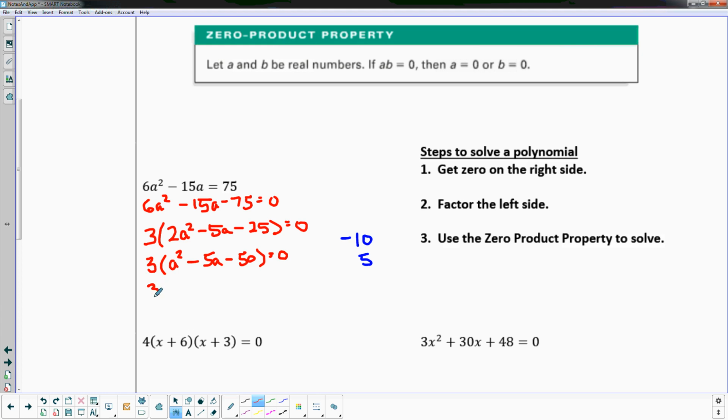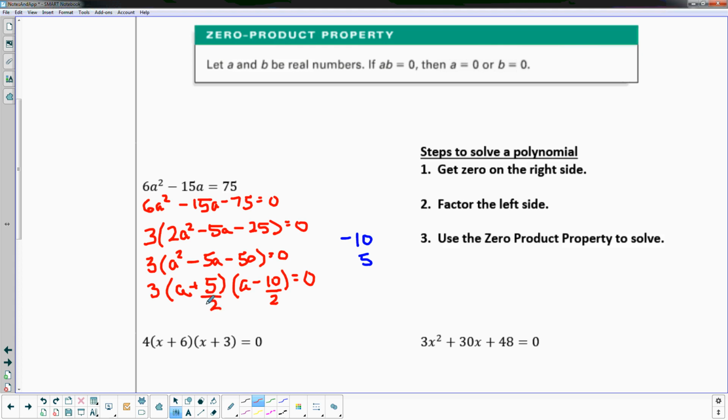So we get 3 and then a plus 5 and a minus 10. And then we have to make sure that we know we're doing the bottoms up method, so that 2 has to go there.